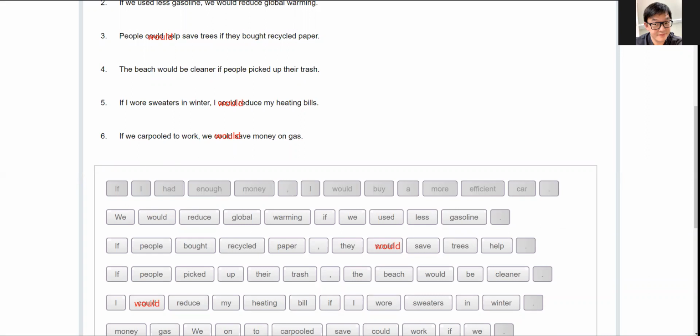So we, what is we? We would save money on gas if we carpooled to work.